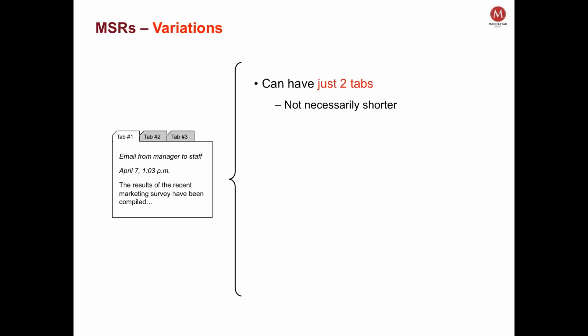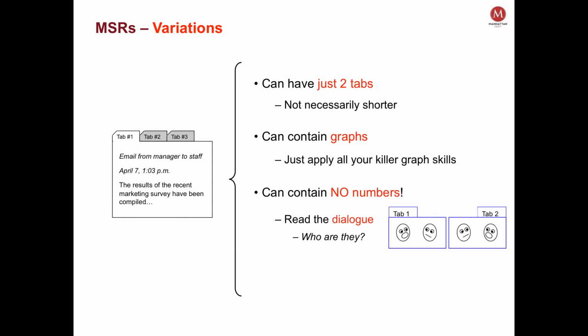So a couple of things to keep in mind. There are some MSRs with just 2 tabs. They are not necessarily shorter or easier. They just cram more information on those tabs. Not always tables. They can contain tables or graphs. Again, I told you MSRs are a lot like tables and graphs. And there are a few of them that are just all dialogue.